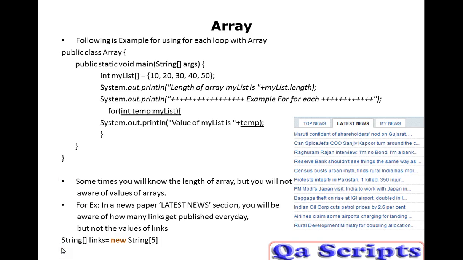So here I am mentioning 5. 5 is nothing but the length of the array, meaning I am declaring an array without values, with a length. So String[] links equals new String[5]. So it will hold only 5 values or link texts.